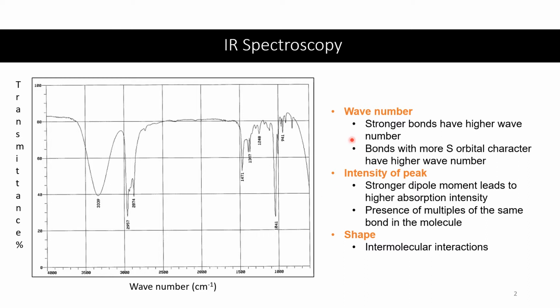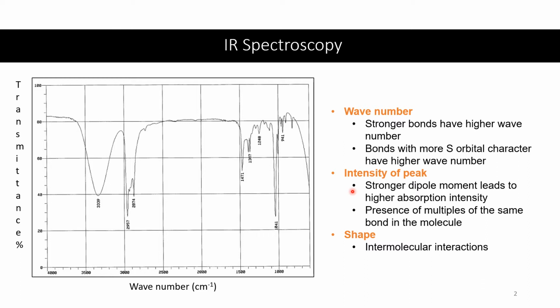So triple bonds are stronger than double bonds, which are stronger than single bonds. Those kinds of bonds would appear towards the higher end of the x-axis.